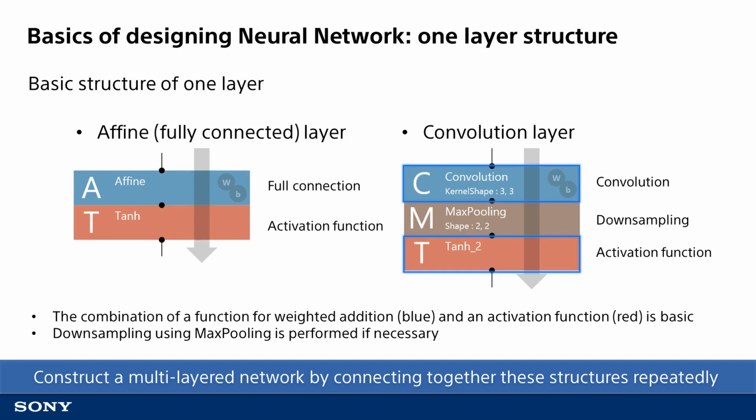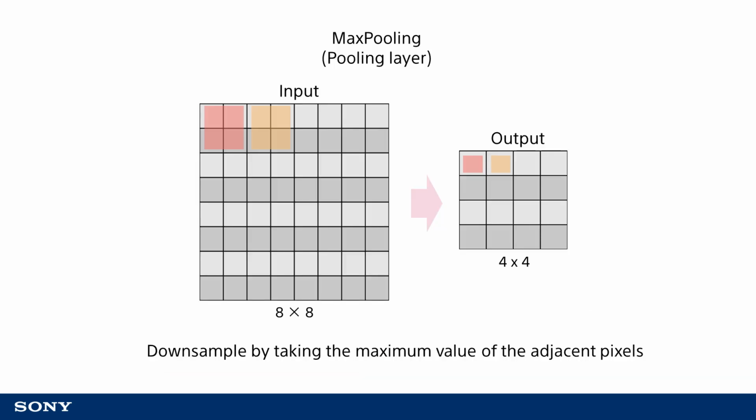When convolution is used, the convolution and activation function are repeated. However, in the case of convolution, this downsampling process called max pooling can also be added if necessary. Basically, the neural network is constructed by alternating the functions that perform multiplication and addition shown in the blue area and the activation function that performs nonlinear transformation shown in the red area.